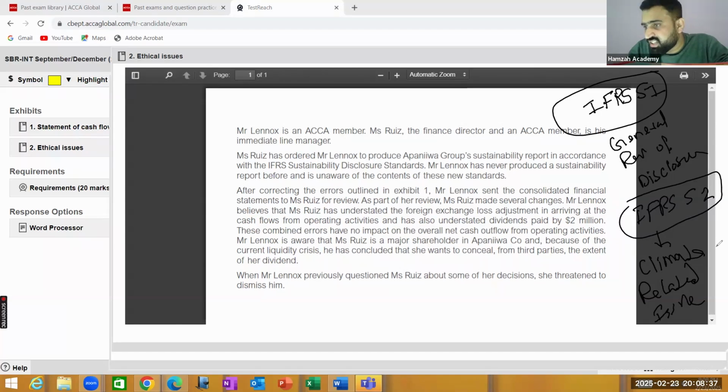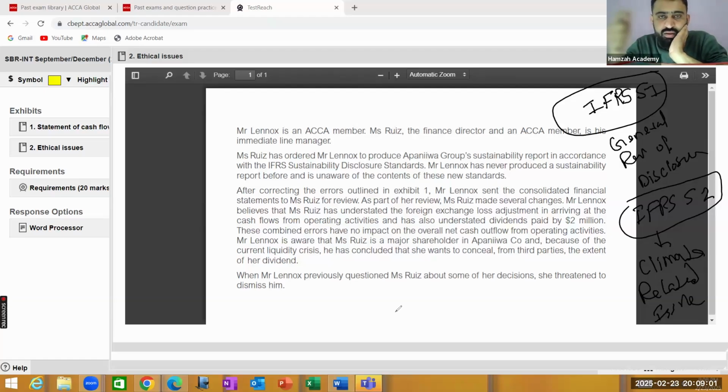Now, if this is the case, then this is the issue of professional competence and due care. If Mr. Linonix does not have relevant knowledge, it is an issue of professional competence and due care.